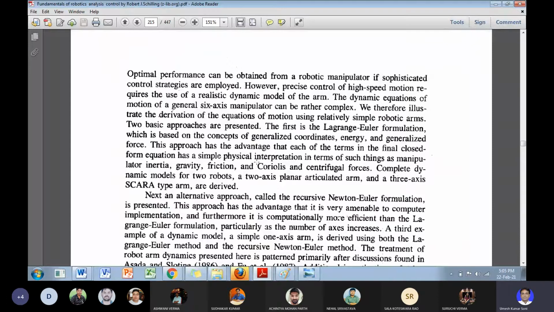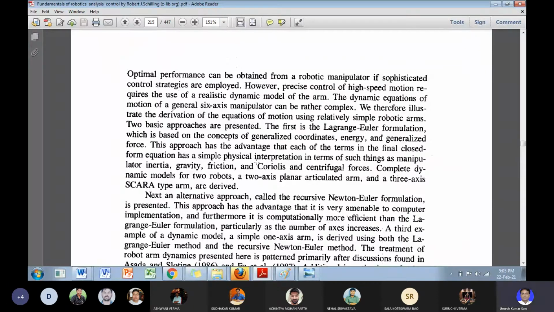First we consider Lagrange's equation. Any complex dynamic system can be modeled in a simple fashion using the Lagrangian formulation. It is based on the motion of generalized coordinates, energy, and generalized forces.